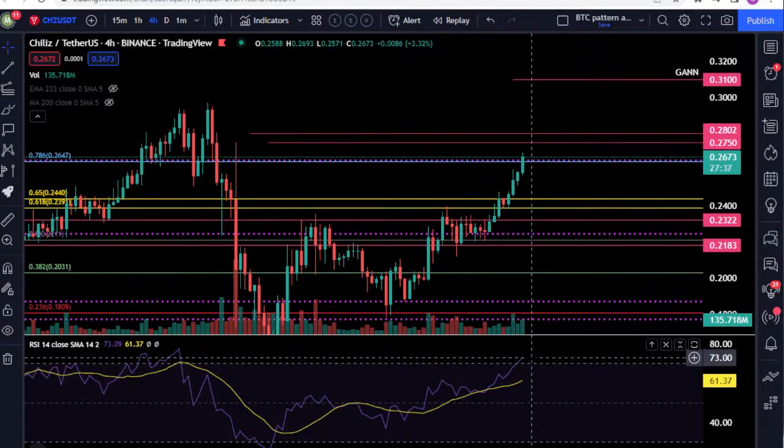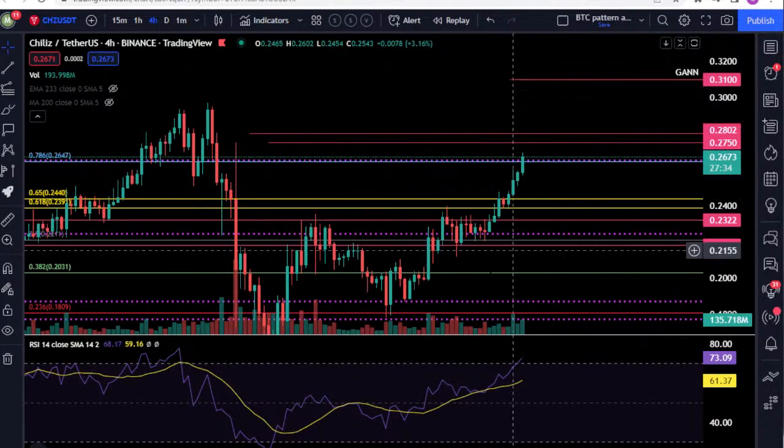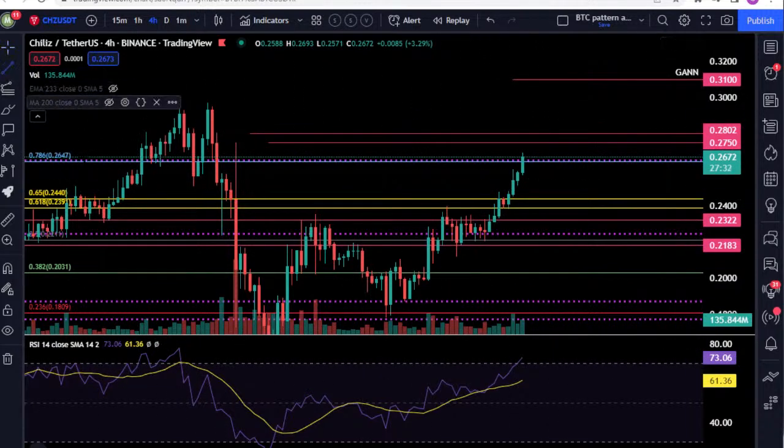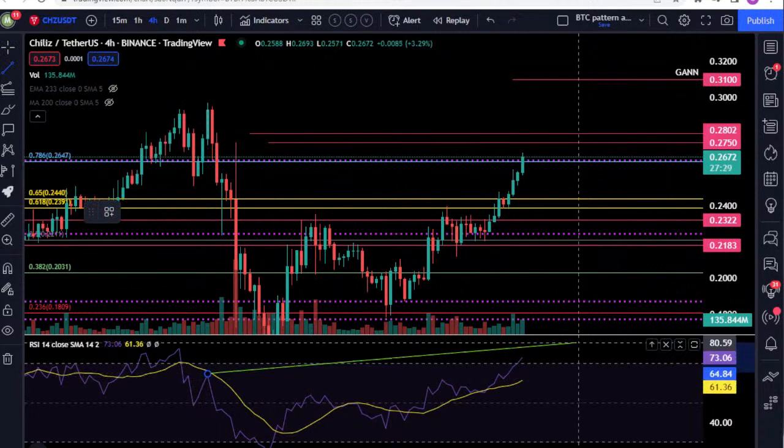Or maybe if we close up here, then we'll form hidden bearish divergence, if Chili's RSI closes up here.